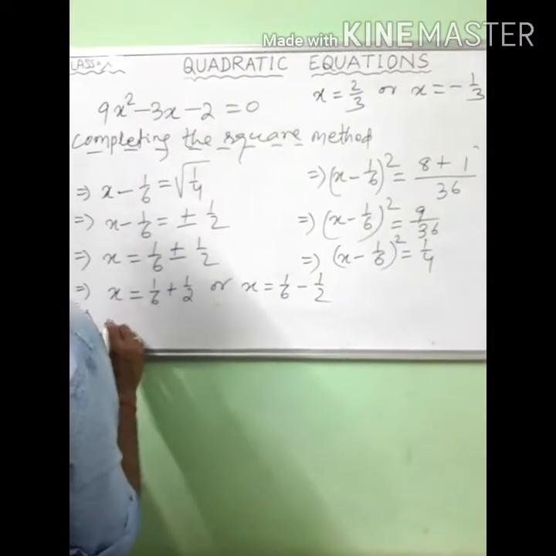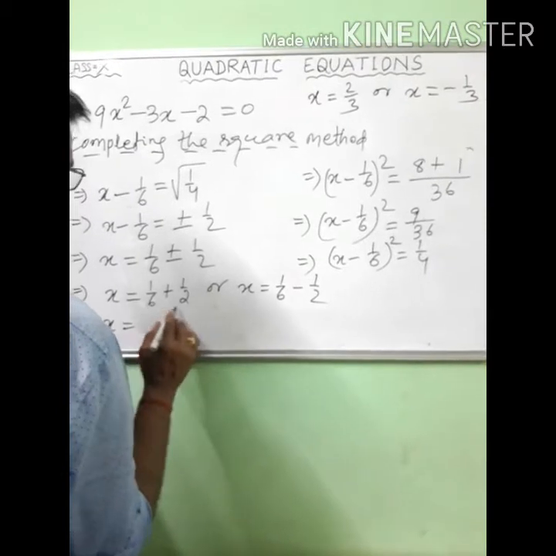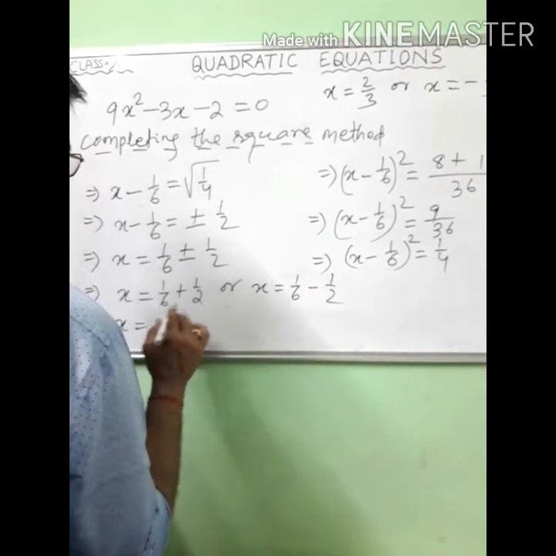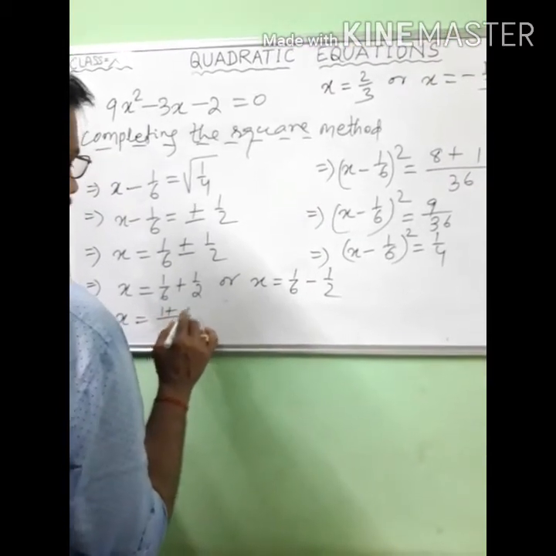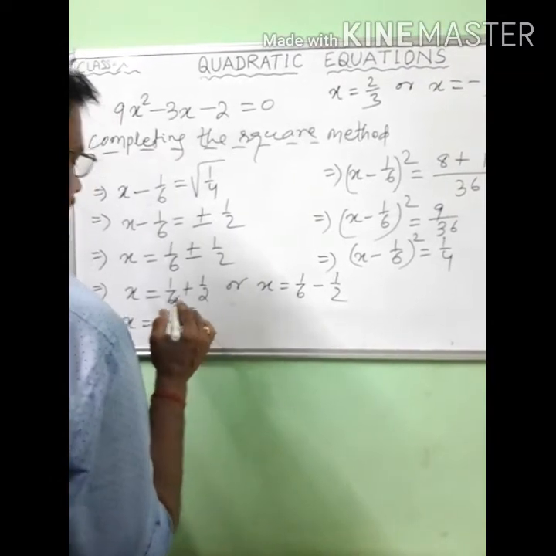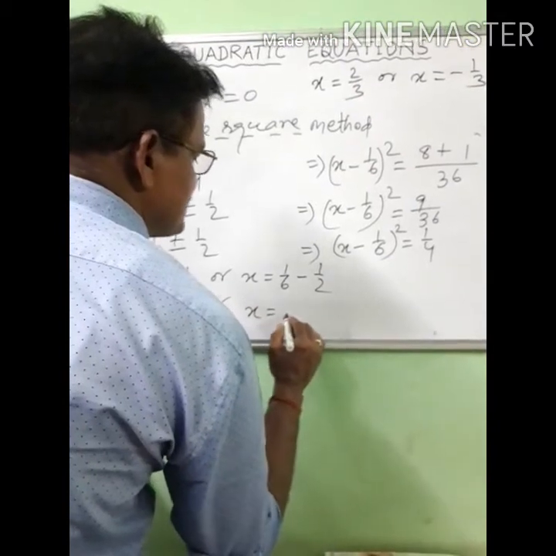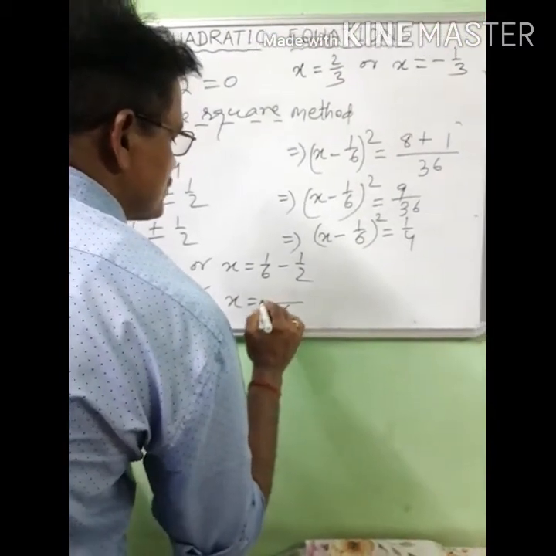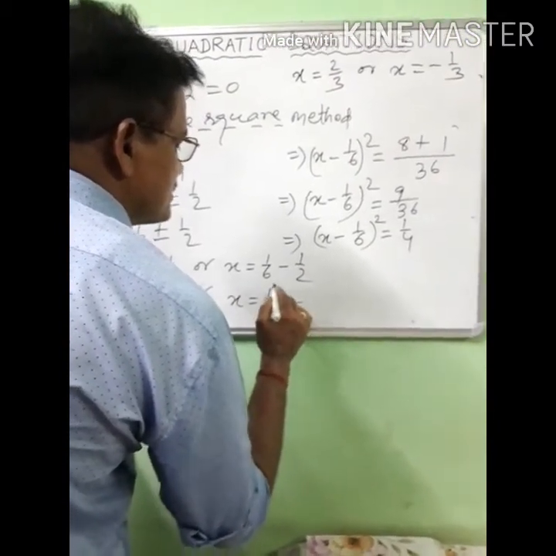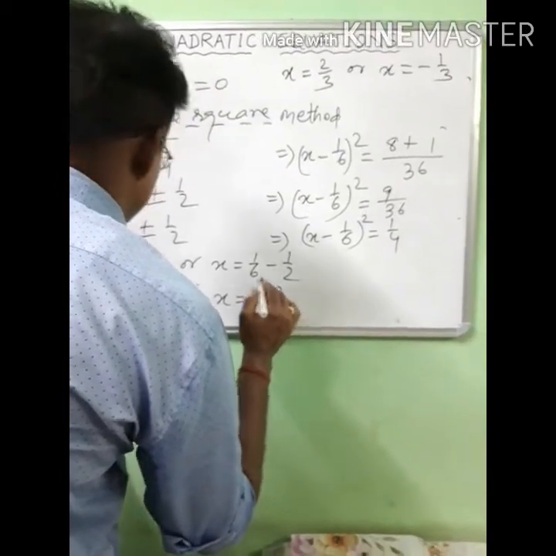Clear? So x is equal to, LCM is 6, so 1 plus 3, or x is equal to, LCM is 6, so 1 minus 3. Clear?